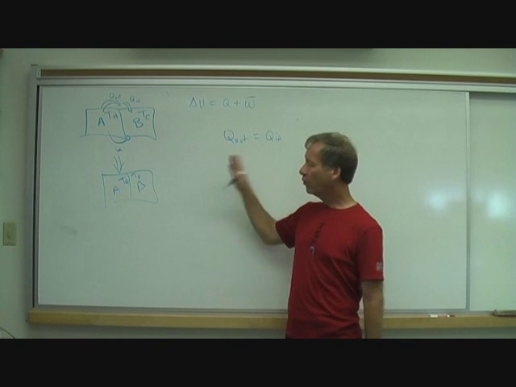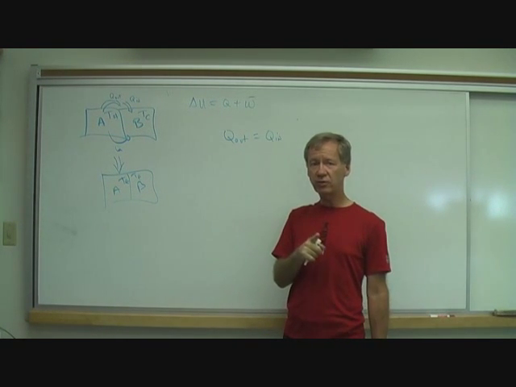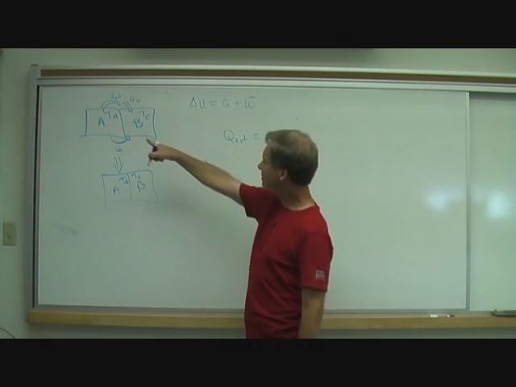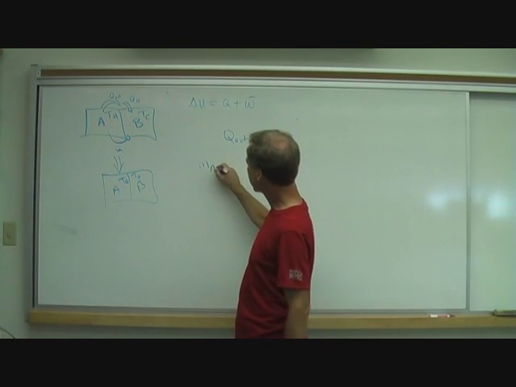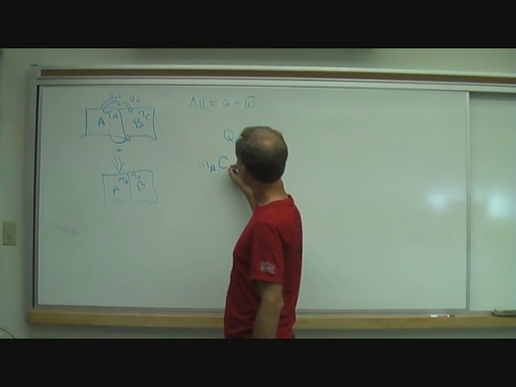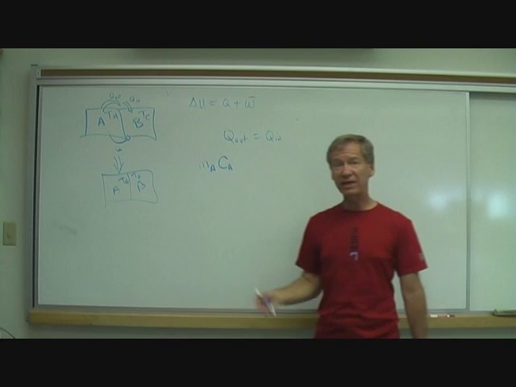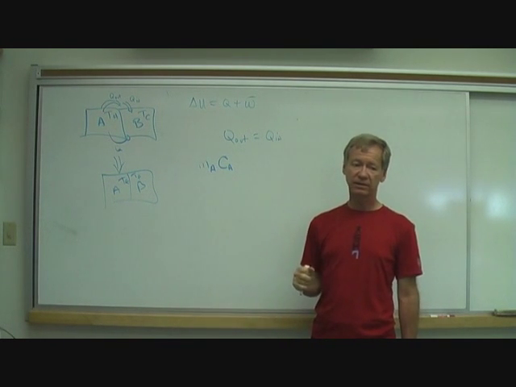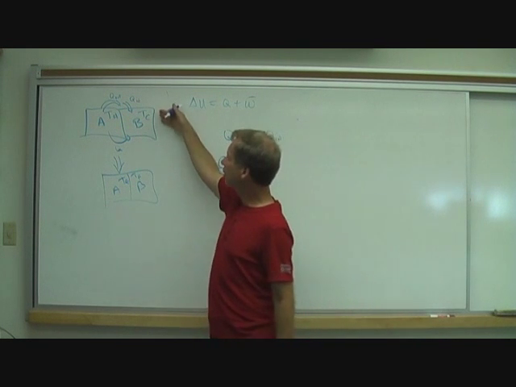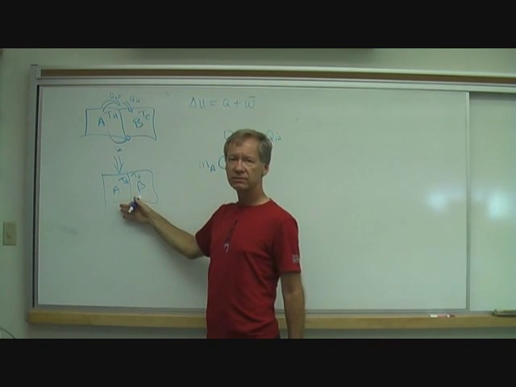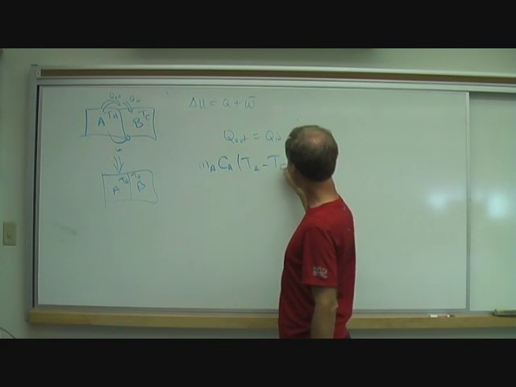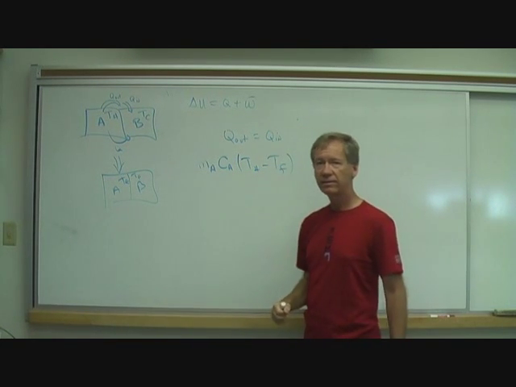So, with that in mind, remember what Q is. Q is going to be the mass of A times the specific heat of material A times, well, it's going to go from hot to final, so that's T_H minus T_final.